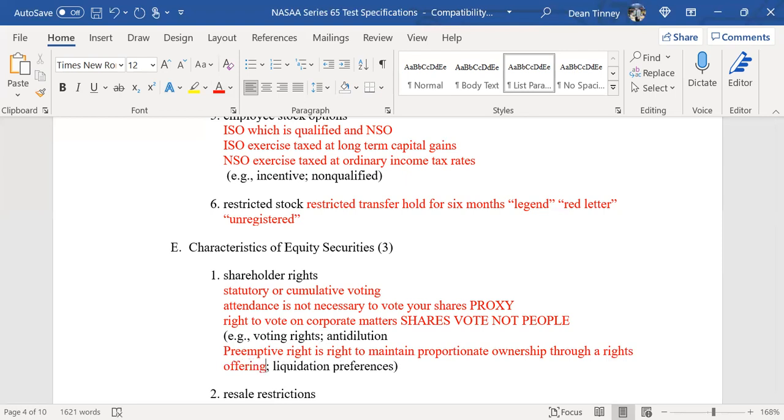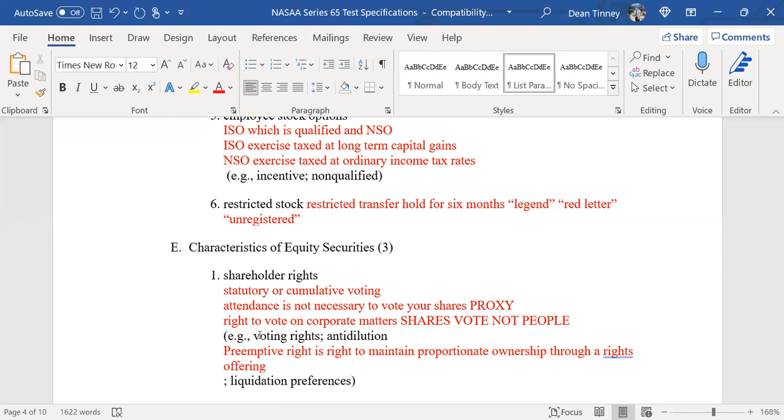And so, if I have some stock in your portfolio and the company says, Dan, we're going to be doing some additional equity financing, the existing owners, like your client, have a right to maintain their proportionate ownership in the corporation. So we're going to be doing a rights offering. And so, for every share your customer has, you have a right.